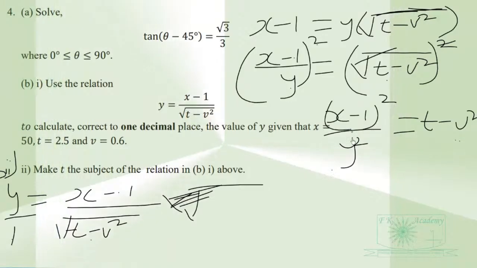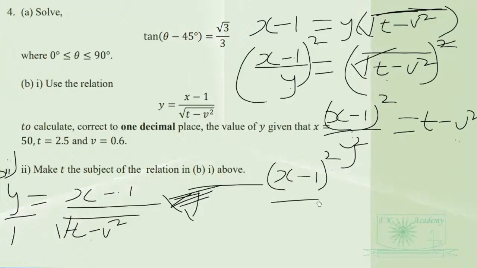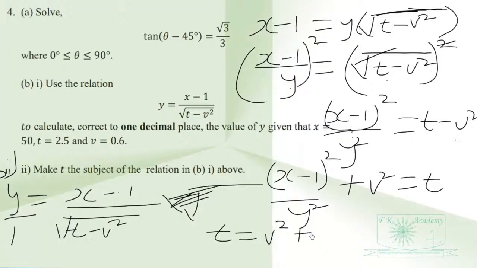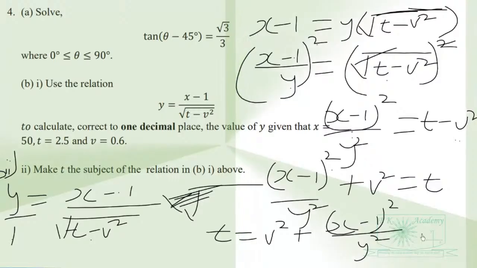So we are going to get (x minus 1) all squared over y squared plus v squared will be equal to t. So t is equal to v squared plus (x minus 1) all squared all over y squared. This is okay. We can leave it like this.